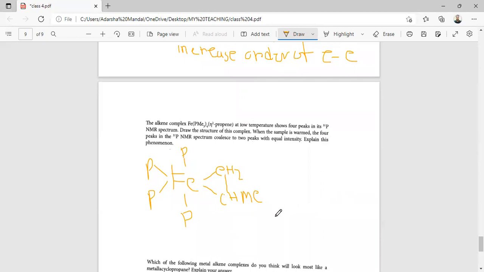So this is the structure of this complex. Here 4 phosphine ligands are bound and the propene is bound in an eta-2 fashion.